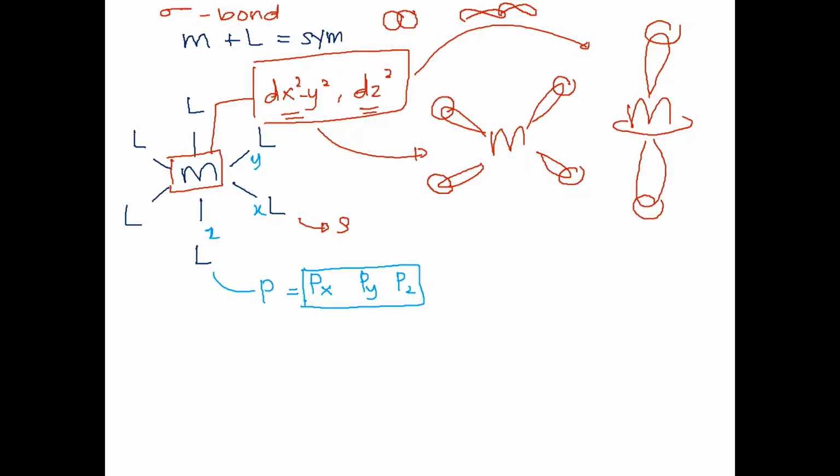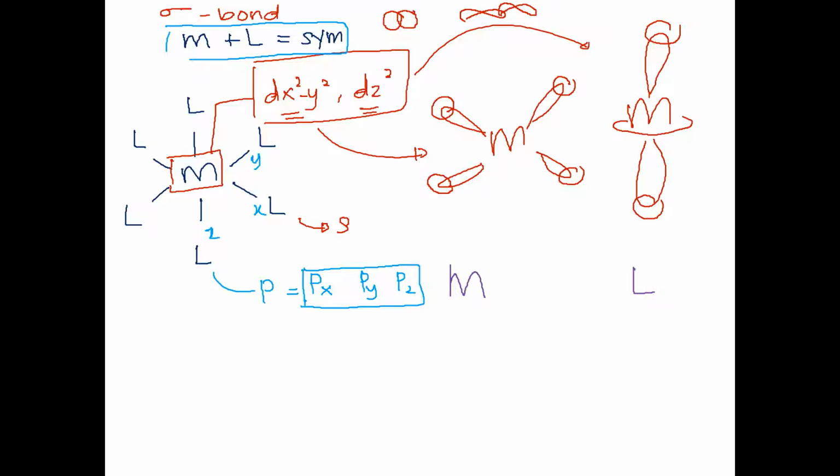So the atomic orbitals, as I mentioned before, of the metal and ligand must be symmetric. So this is your metal, this is your ligand.